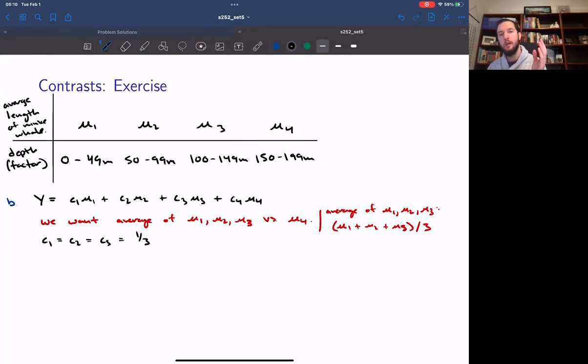All right. We need the 4 C values to add to 0. So that means that we would let C4 be equal to -1, right? 1/3 plus 1/3 plus 1/3 is equal to 1, minus 1 is equal to 0.